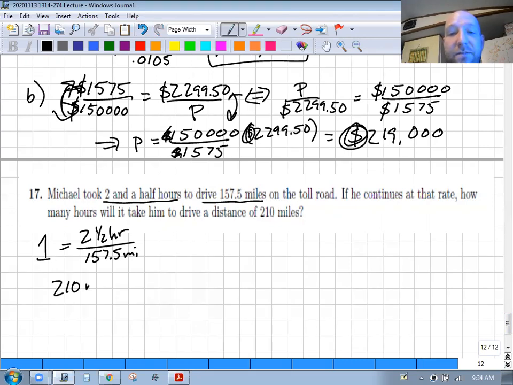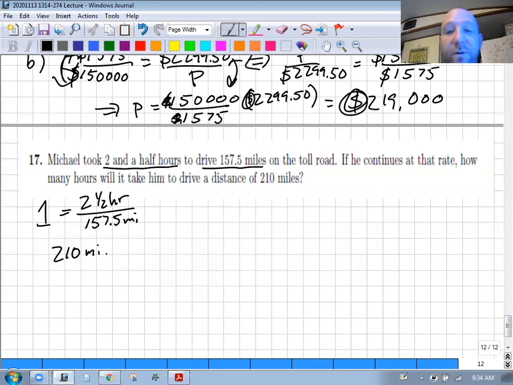So 210 miles, we just need to do the conversion, right? We want how many hours? We want hours. We've got to get rid of miles. Okay, so we know that 2.5 hours is the same as 157.5 miles.